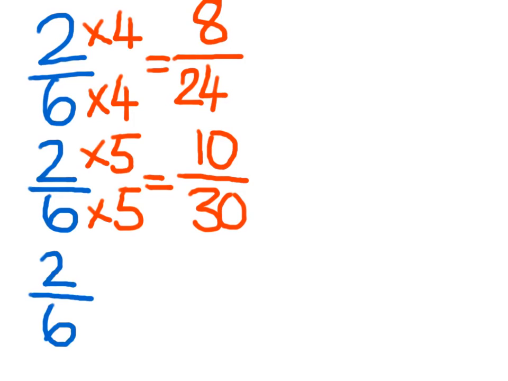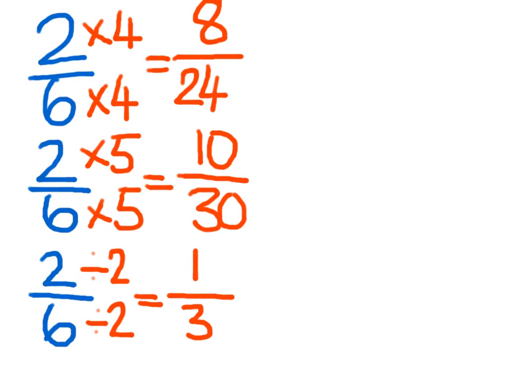And just as we can multiply the top and the bottom by the same number, we can also divide by the same number. So I know that 2 goes into both of these, so maybe I'll try dividing the top and the bottom both by 2. So if I do that, 2 divided by 2 gives us 1 on the top, and 6 divided by 2, or 6 in half, gives us 3 on the bottom.